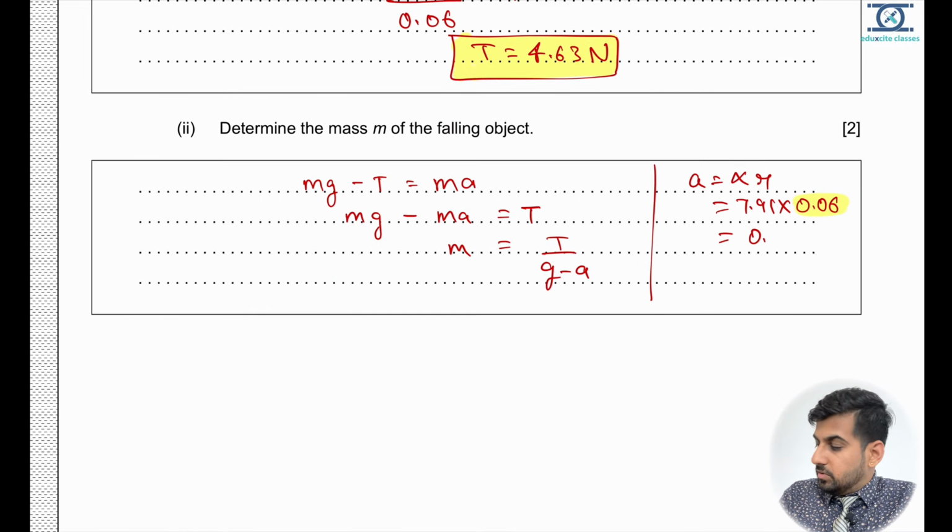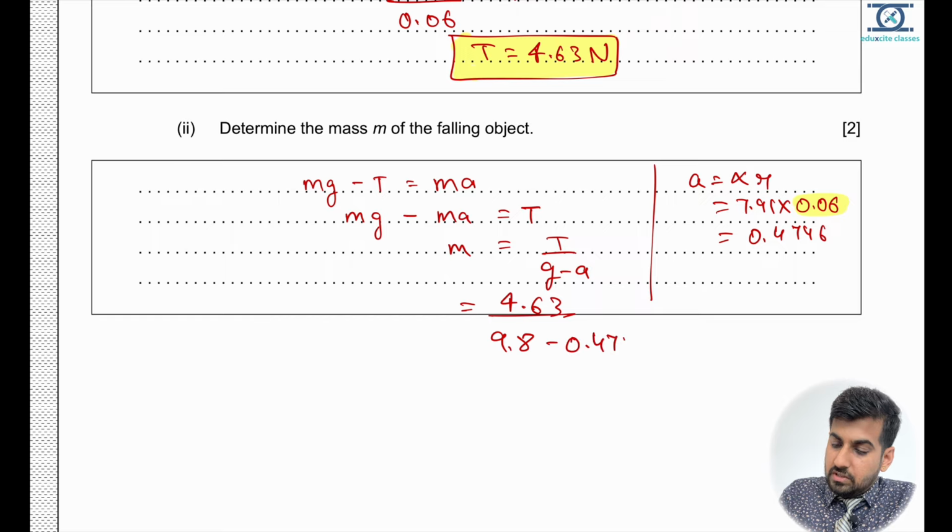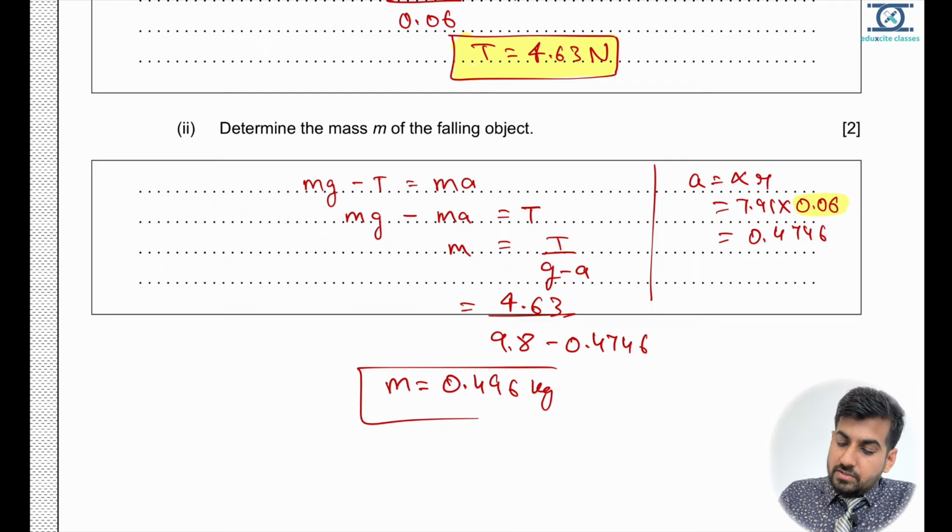This will come to 0.4746. So T is 4.63 divided by 9.8 minus 0.4746, so the mass will come out to be 0.496 kg, or 0.5 kg after rounding off.